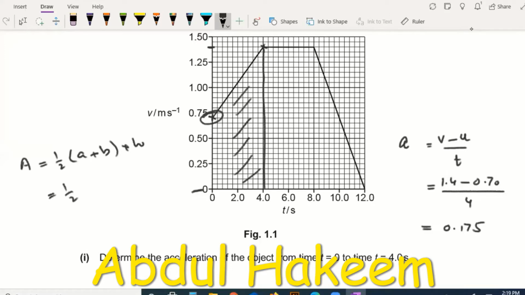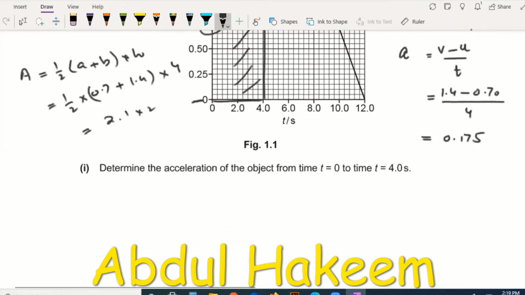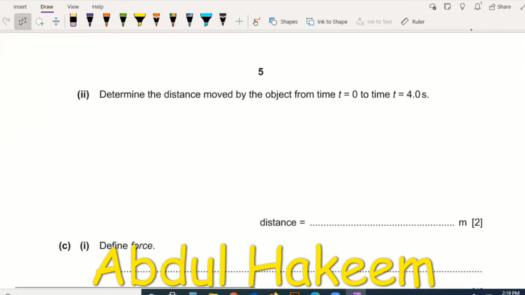So 1/2, one side is 0.7, the other side is 1.4, and the height between these two is 4. So this is 2.1 multiplied by 2, and the answer is 4.2.